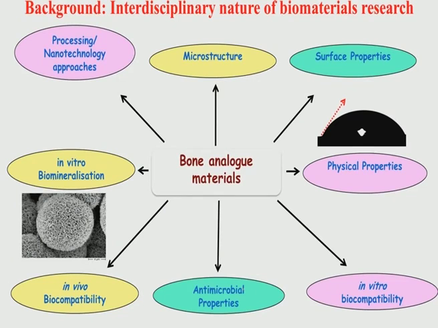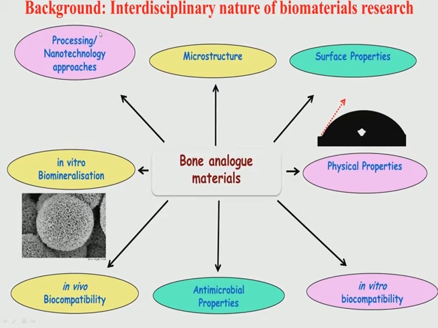Now, this slide shows the different aspects that one has to consider while developing these bone analog materials. First is processing or nanotechnology approaches: how to make this material with a bone mimicking microstructure.